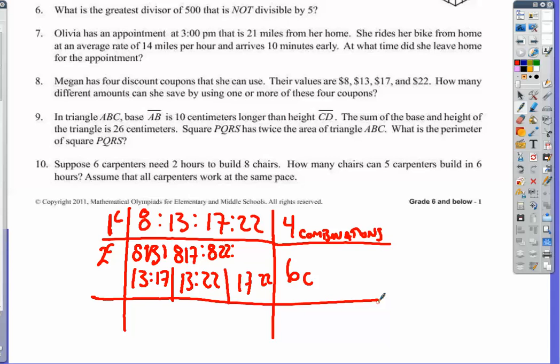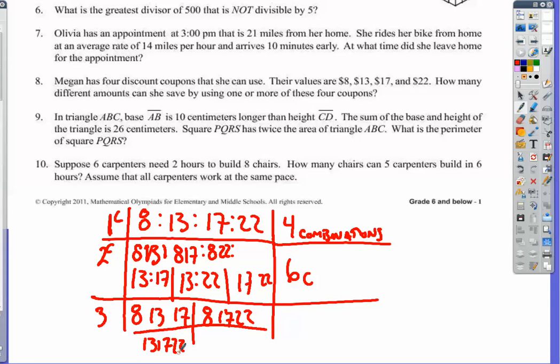If I have 3, I can do 8, 13, 17. I can go with 8, 17, 22. And then I do 13, 17, 22.